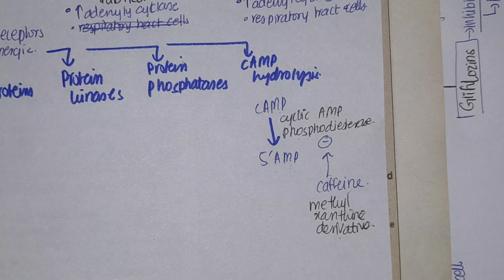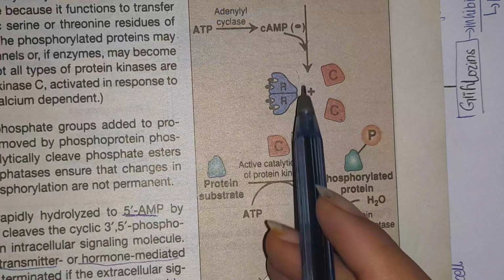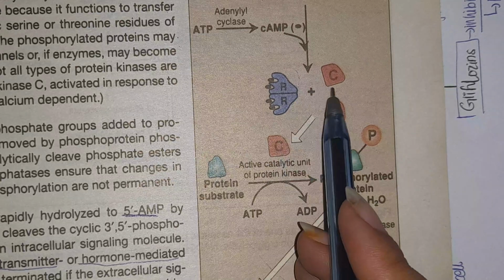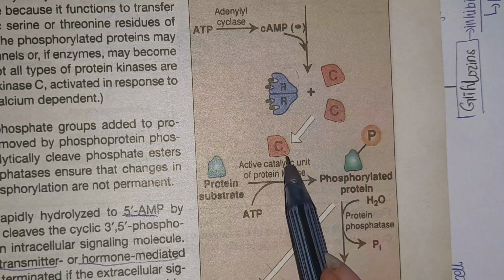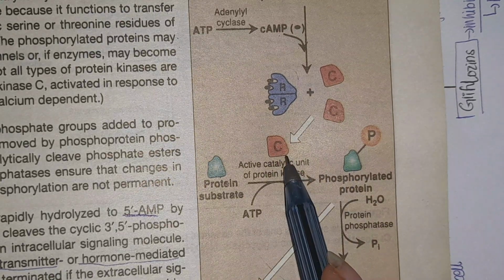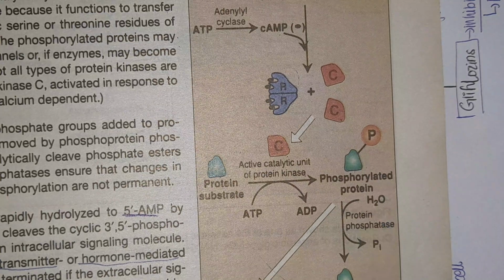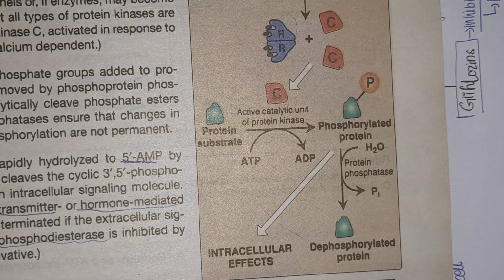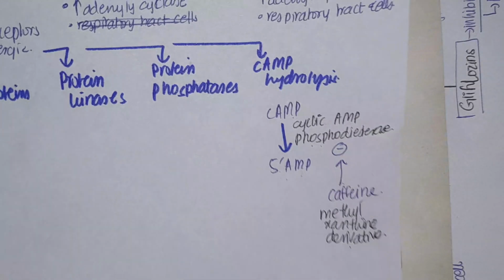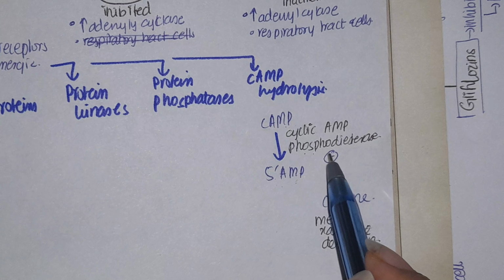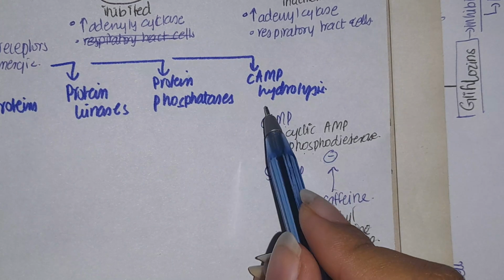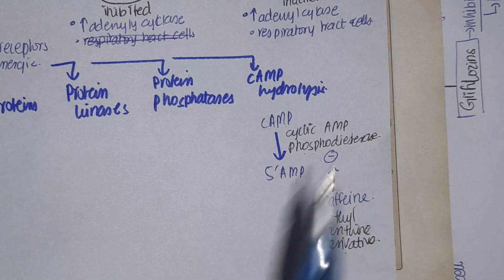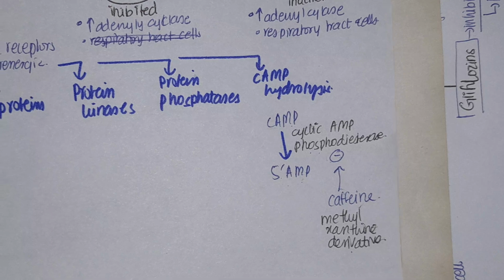Whenever cyclic AMP is produced in more amounts, it will always support the catalysis, and whenever catalysis is supported, the intracellular effect will be produced in large amount. That is why we are activated whenever we take coffee and tea, which are methylxanthine derivatives that inhibit cyclic AMP hydrolysis or its deactivation.